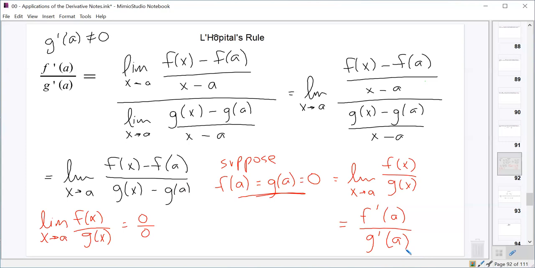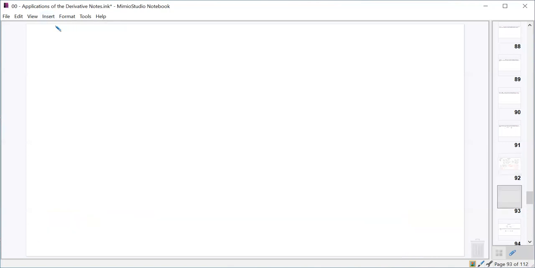If f prime and g prime are continuous, then that would mean that it is continuous at A. And that would tell us then that f prime of A and g prime of A would just then be equal to a limit as x approaches A of f prime of x over a limit as x approaches A of g prime of x, which could then be rewritten into one singular limit.